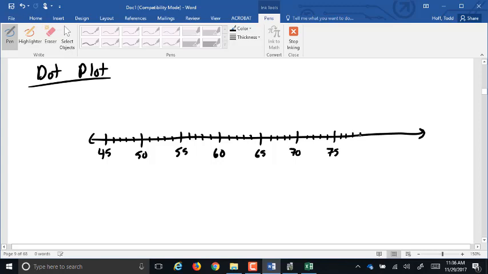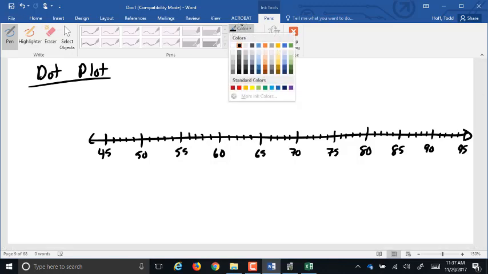So I'm going to make a number line that should have been bigger, apparently. That has to encompass the whole range of scores that students had on that test. Let's say that nobody had over a 95 on that test, just because my number line ran out.